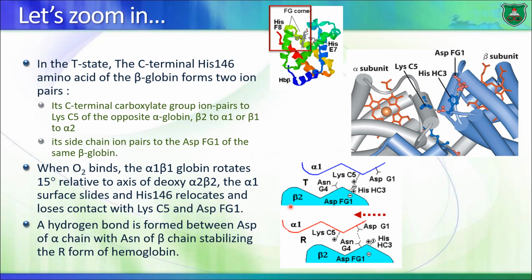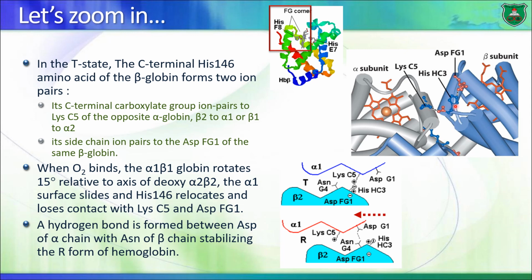So you have this electrostatic interaction between beta 2 and alpha 1, between the histidine 146 and a lysine. Now, the positive charge on the imidazole ring of histidine forms another electrostatic interaction, but with an aspartate that exists in the same beta globin chain, the polypeptide.